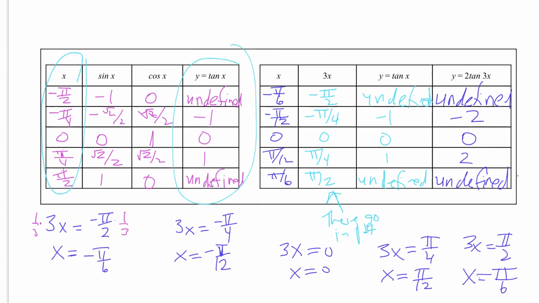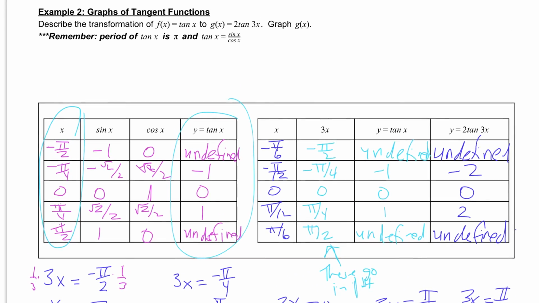Now before we graph it, let's just describe that transformation. So what does the 2 do? Just like in our sine and cosine functions, that 2 is going to stretch our graph vertically. So g of x is stretched vertically by a factor of 2.